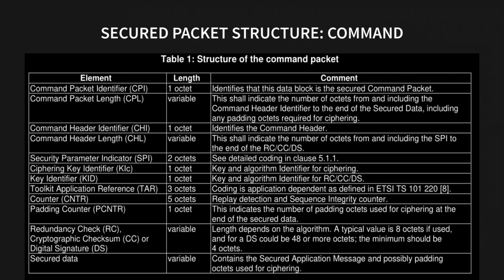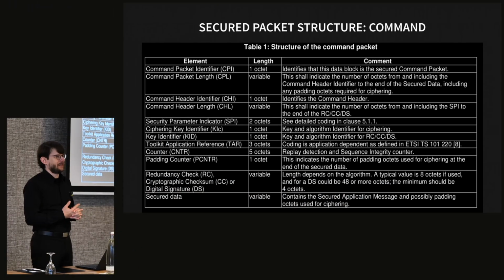What I want to get to right now is the TAR, which is not the archive format, but the toolkit application reference, which is an alias for an application ID on the card. When you send such a secure command packet to a SIM card, the TAR is like a port number, you could say, that defines which application on the card is supposed to receive the packet you're sending.